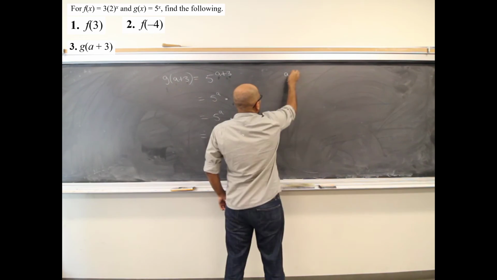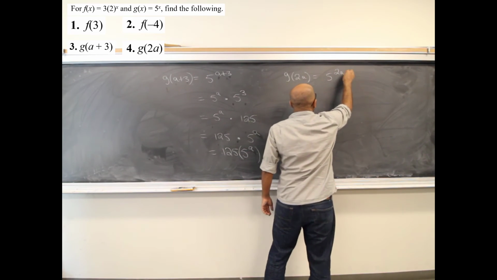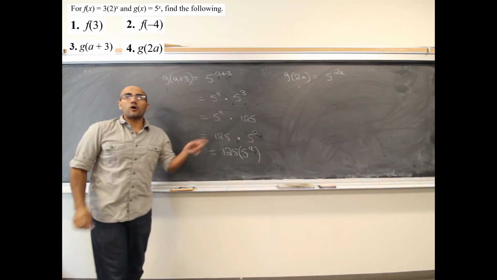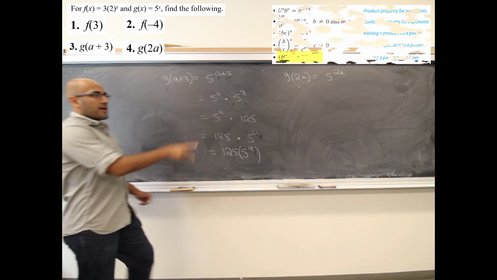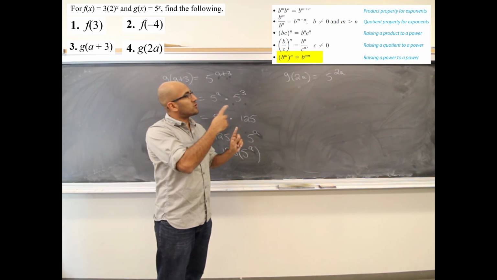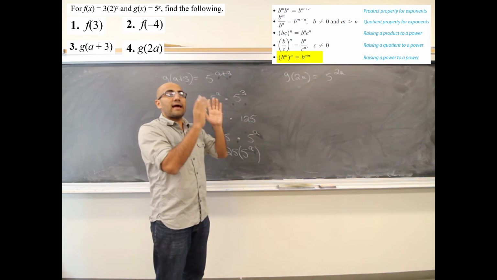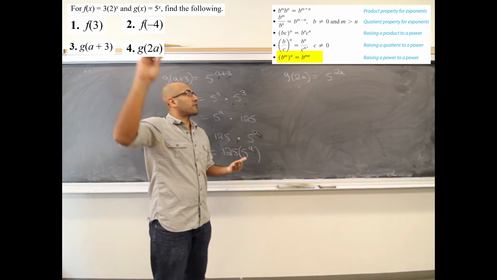Okay? G of 2a, well that's going to be 5 to the power of 2a. And again, if we go back to our rules, that bottom one down there says that if there's a multiplication up in the exponent, we could rewrite it as an exponential number raised to another power.